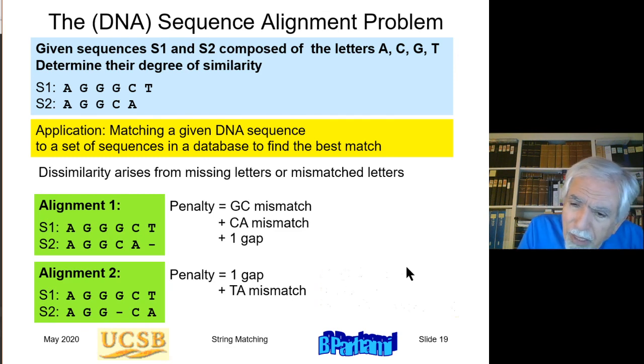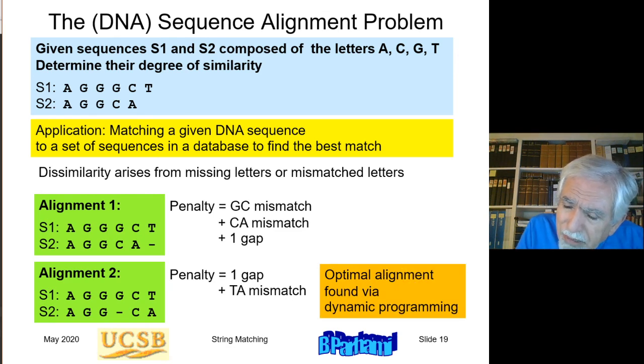Okay? All right. It's very difficult to find optimal alignment, and there are algorithms called dynamic programming that help us solve this problem with less computational effort than a brute force search.